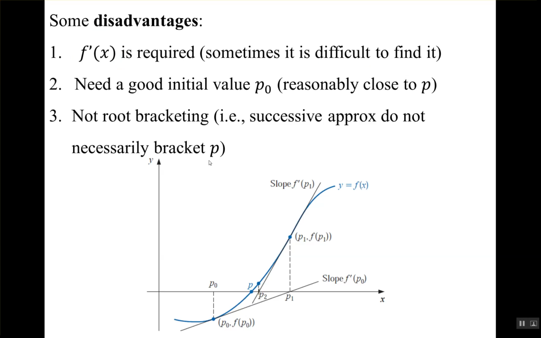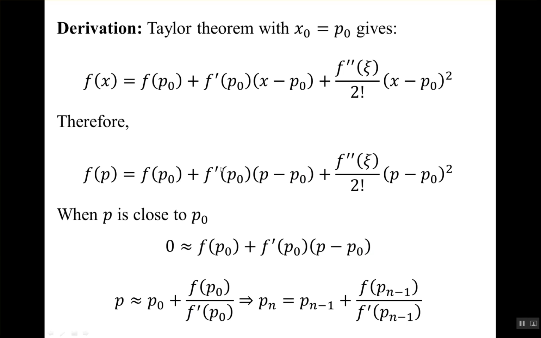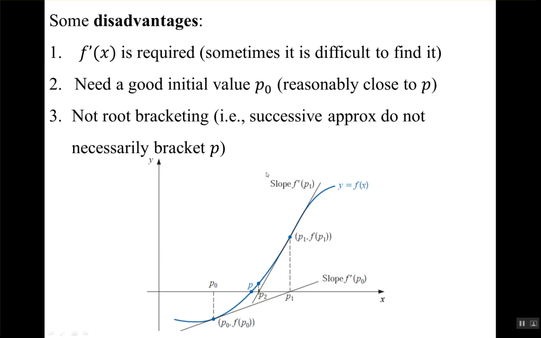Secondly, if you can recall, we developed this result by assuming p is close to p0. So you do have to have a good initial approximation to make this method work. So usually that's our expectation. We do have to have a good initial value p sub 0.